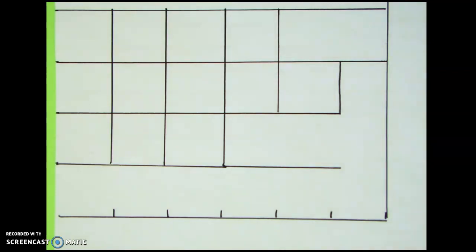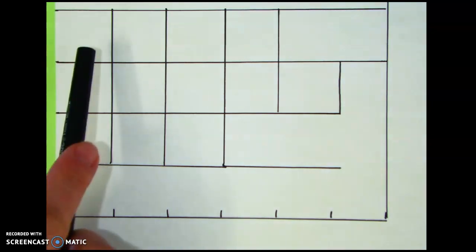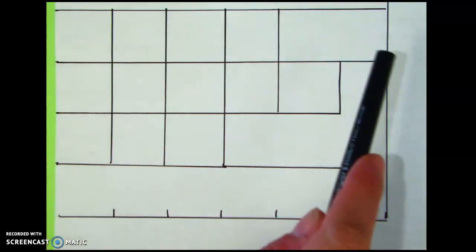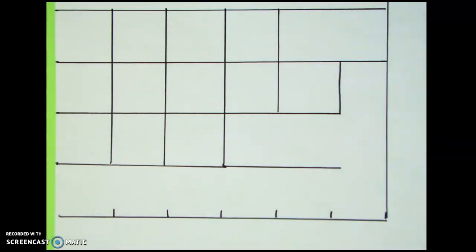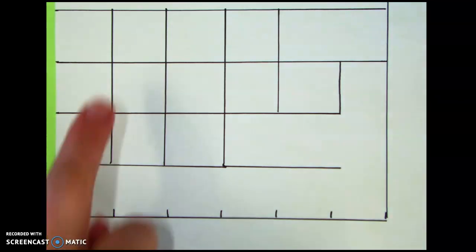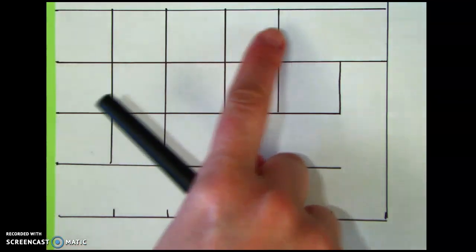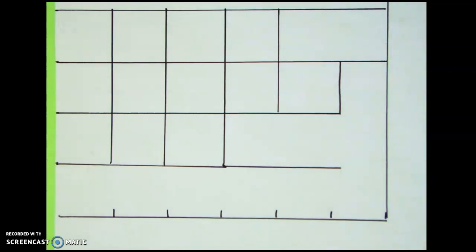So, I want you to think about what you notice about this top row in our array. You should notice that there are 4 square units and a rectangle right here at the end. Is there a way that you could make 6 square units from these 4 square units and a rectangle?